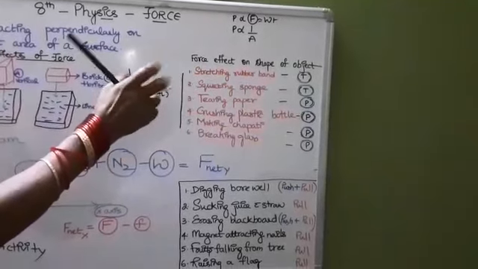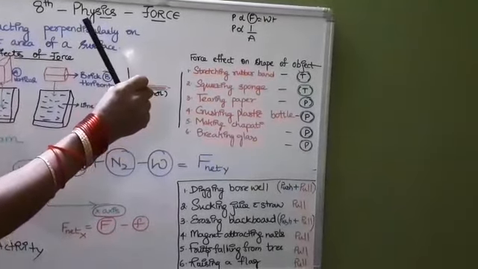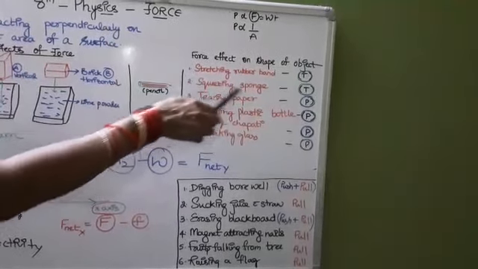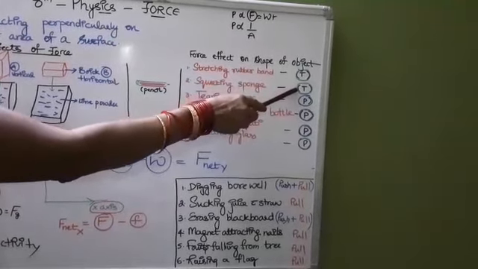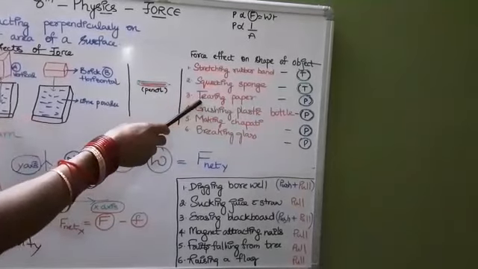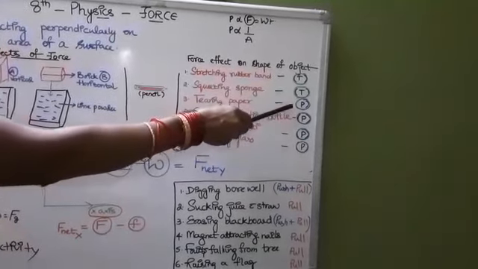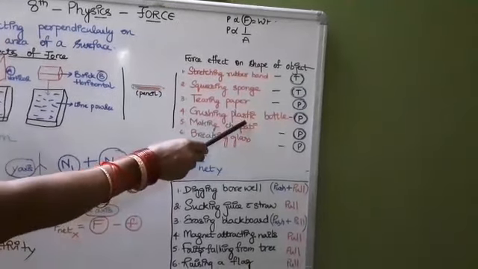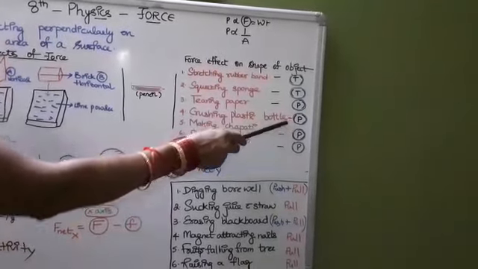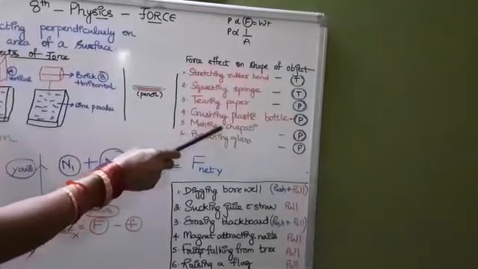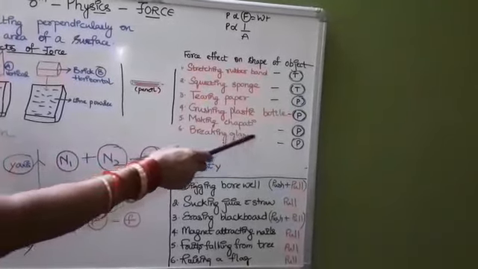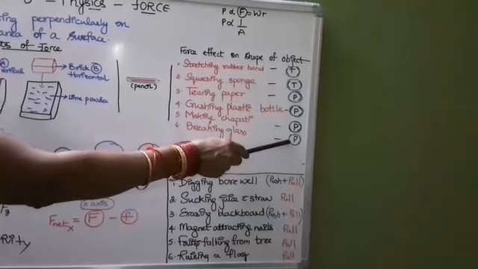If you squeeze it and then relieve the pressure, the sponge goes back to its original shape, so it is temporary. But tearing a paper is permanent. Crushing a plastic bottle is a permanent change. Making chapati is a permanent change. And breaking glass is also a permanent change.